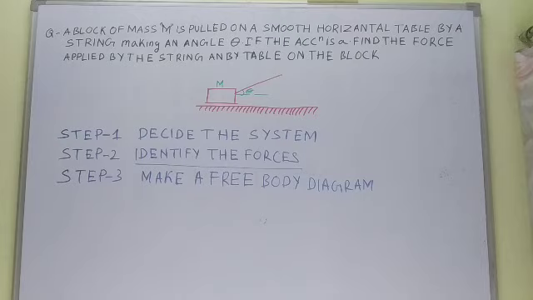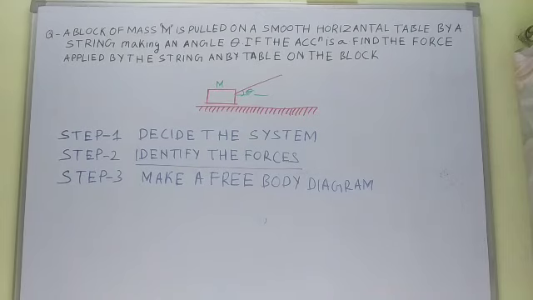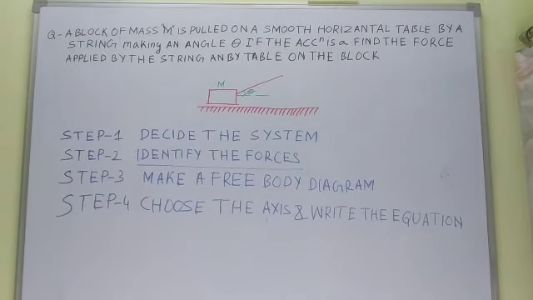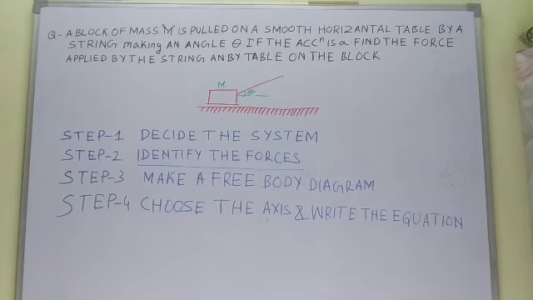Now, what is the fourth step? You might guess it right: choose the axes and write the equations. If the forces are coplanar, then we need only two axes, x and y, whereas if the forces are in space, we need three axes, x, y and z.